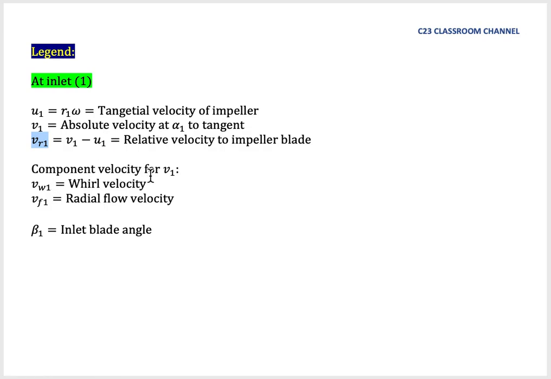The component velocity for V1 consists of VW1, the whirl velocity, and VF1, the radial flow velocity. VF1 is the theoretical flow velocity, and VW1 is the whirl velocity, a turbulent velocity that shifts the actual velocity a little bit compared to the theoretical flow. And beta 1 is the inlet blade angle.